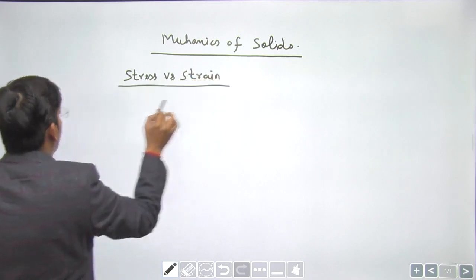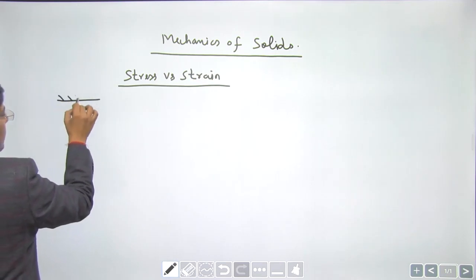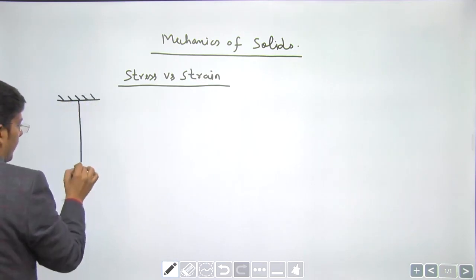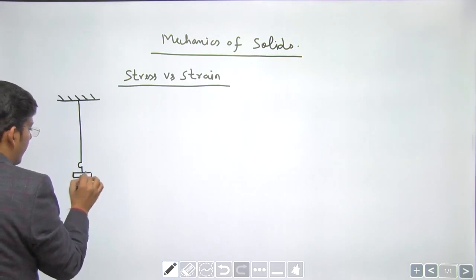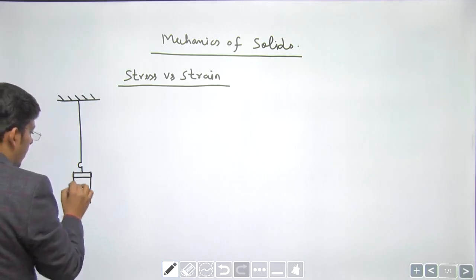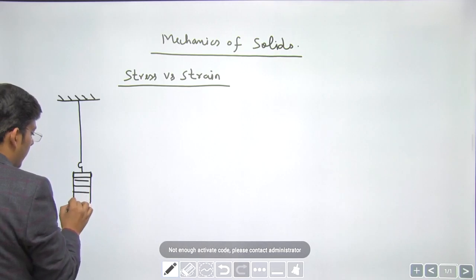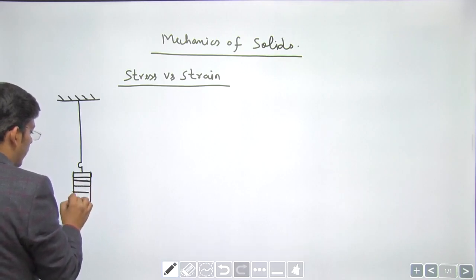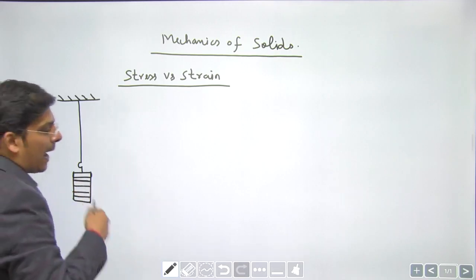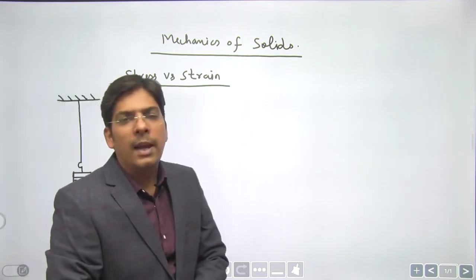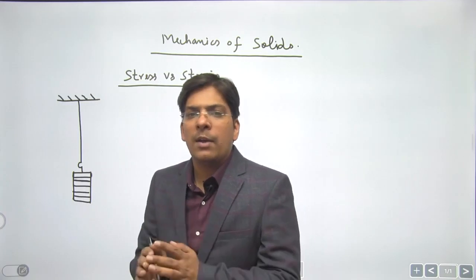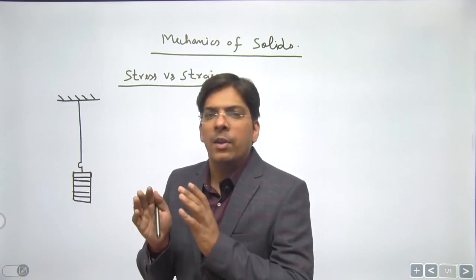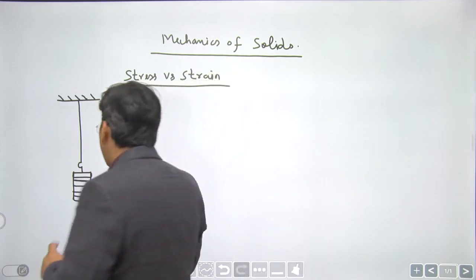We take a wire, and we keep on adding some weights in the slots and we notice the extension produced in the wire, right? We calculate the extension produced in the wire. Then we plot a graph of stress versus strain, okay? And we obtain the following curve.